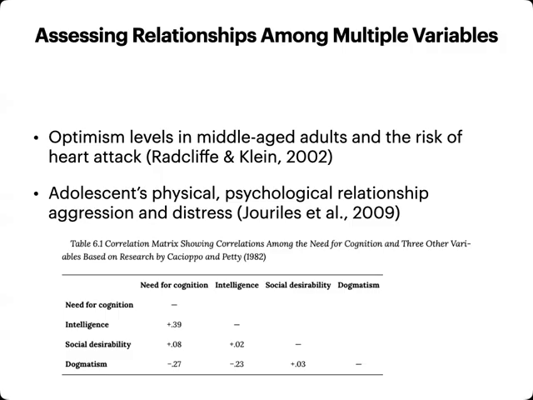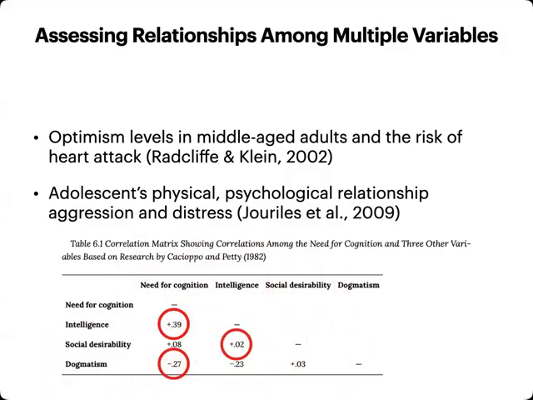The results of this study are summarized in table 6.1 on the slide, which is a correlation matrix showing the correlation coefficient, Pearson's r, between every possible pair of variables in the study. For example, the correlation between the need for cognition and intelligence was positive 0.39.